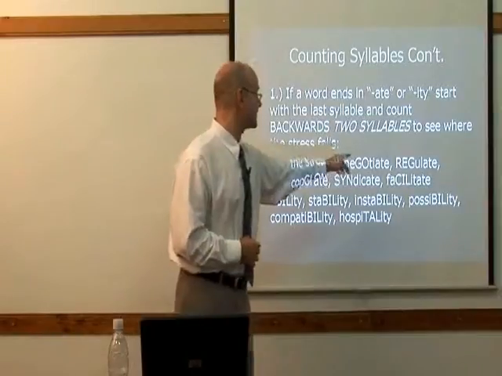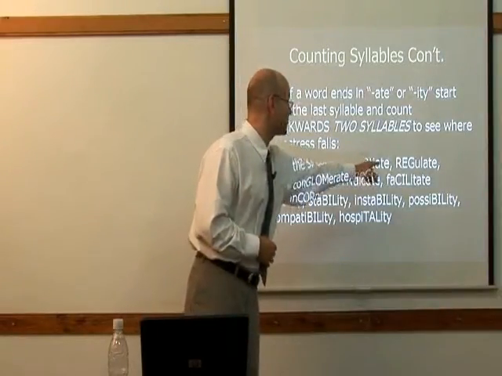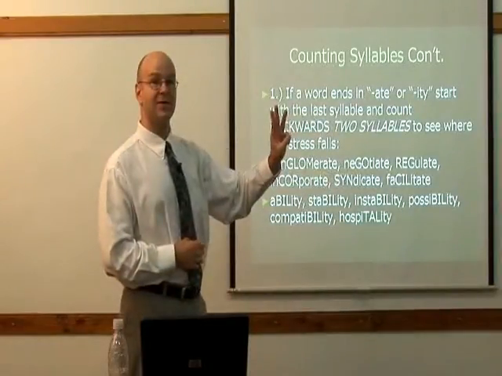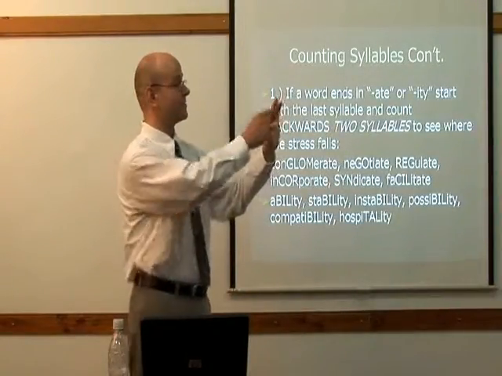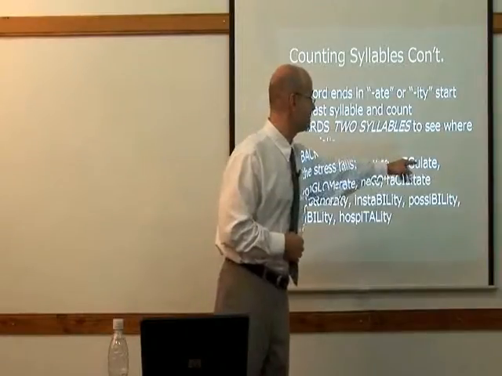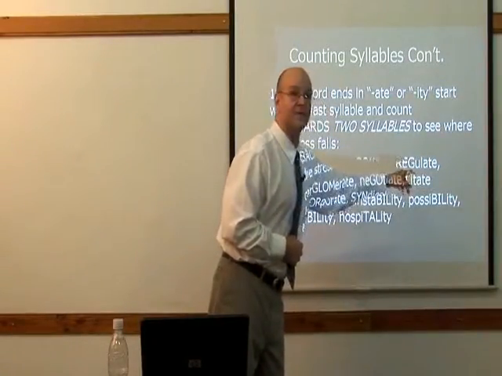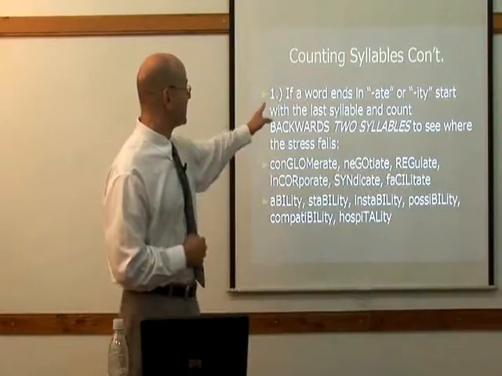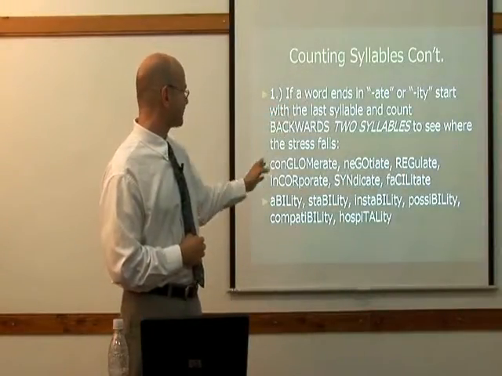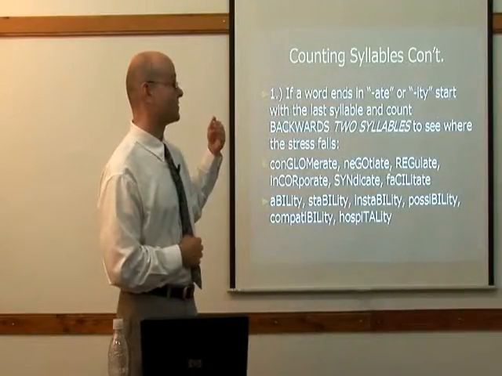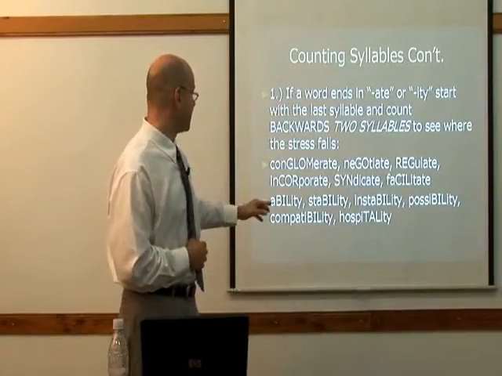Negotiate, 4 syllables, same thing. Start at the end, count back 2. 1, 2, and there's the stress. Regulate has only 3, but it's the same rule. You start at the end and count back 2. Start at the end, 1, 2, and that's where the stress falls. So again, if a word ends in ATE or ITY, start with the last syllable and count backwards 2 syllables, and that's where the stress is.